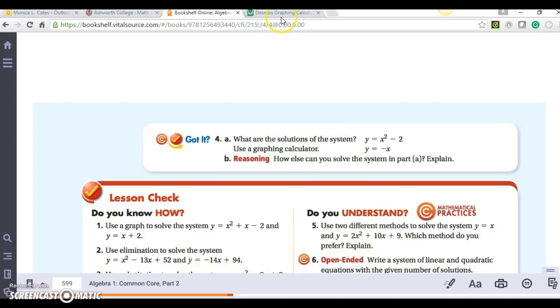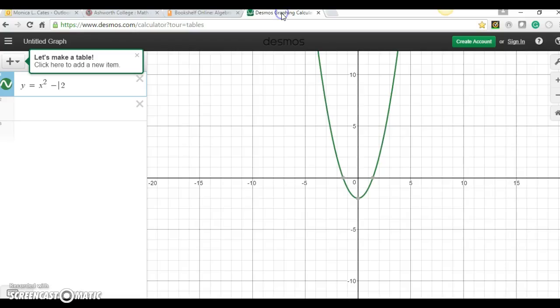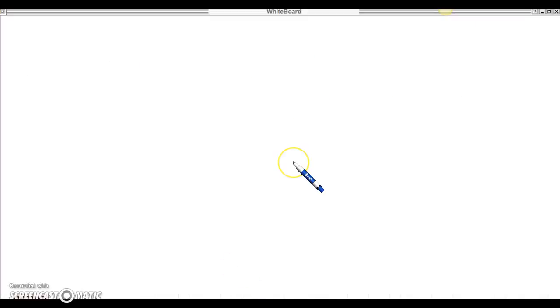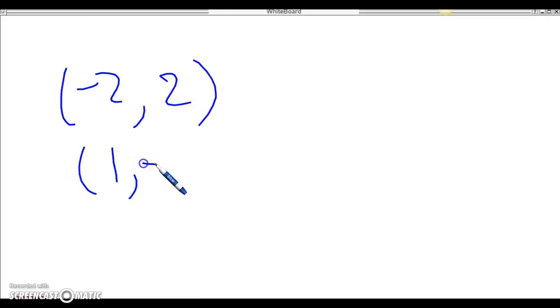And y equals negative x. Okay, so here are my solutions. Negative 2, 2, and 1, negative 1. So let's write that down. Negative 2, 2, and 1, negative 1 are my two solutions.